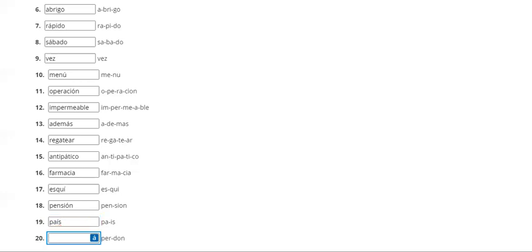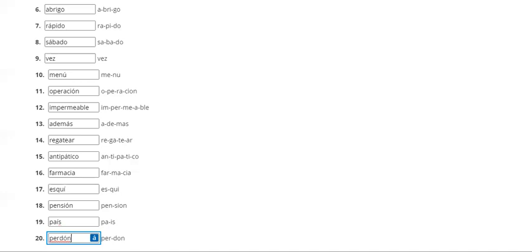Okay, last one, perdón, perdón. We stress the last syllable. D-O-N is stressed, perdón. That's an N at the end, vowel, N or S. We need to stress the second to last syllable. Since it's on the last syllable here, we need to show that it violates the rule, and we will need a written accent mark.